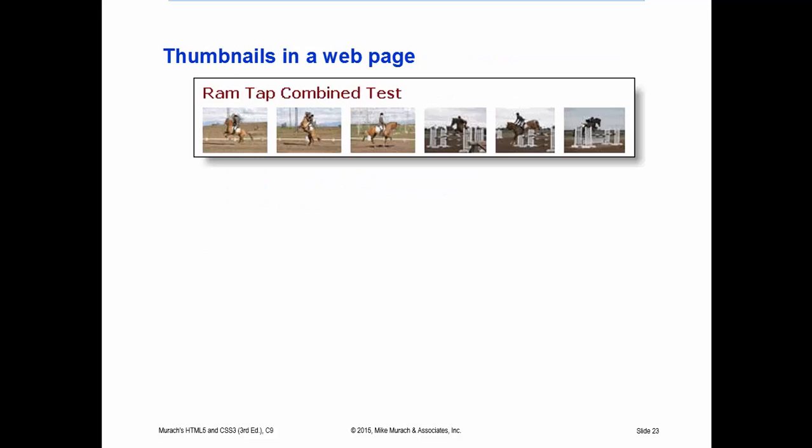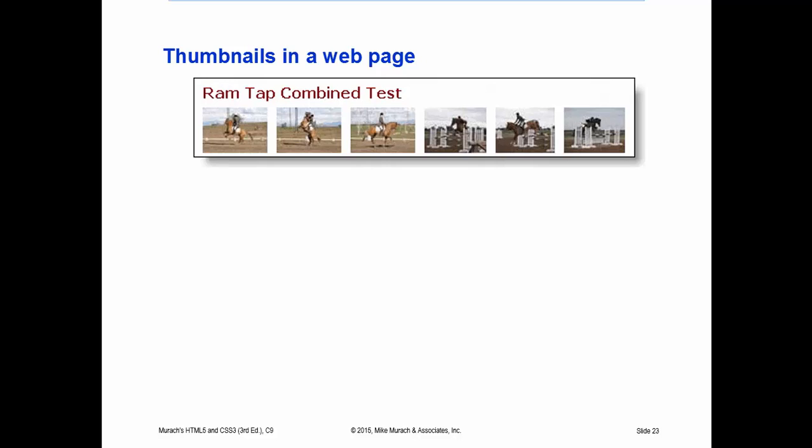Okay, thumbnails. We'll talk about these in even more depth when we get to the JavaScript chapters later. A thumbnail is a small version of an image that can be used for downloading the image faster and to save space. To create a thumbnail, you typically use an image editor for resizing the image.